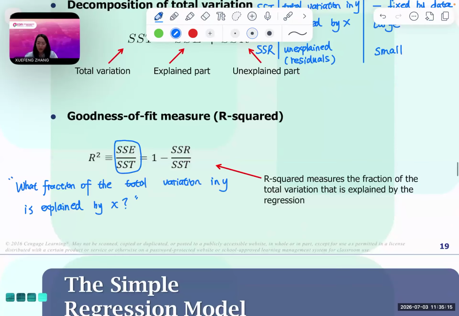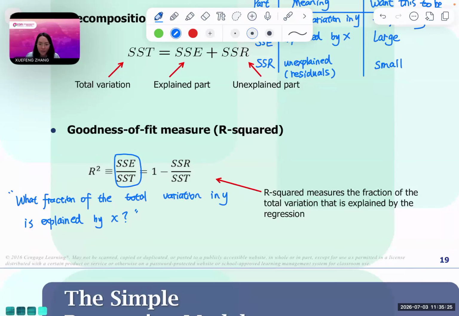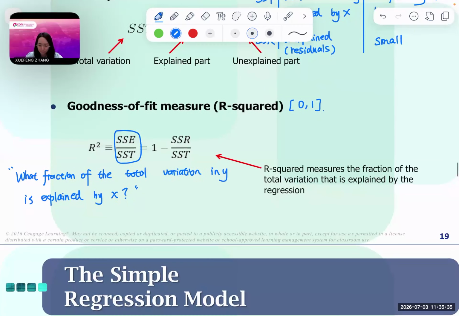And also, R squared measures the fraction of the total variation that is explained by the regression. R squared is always between 0 and 1.